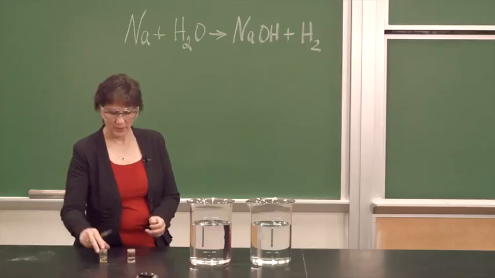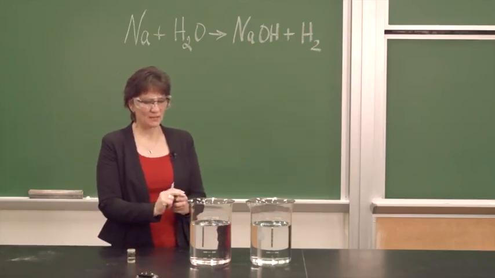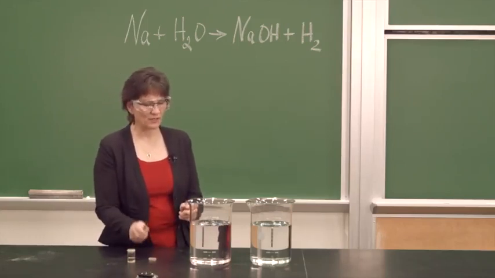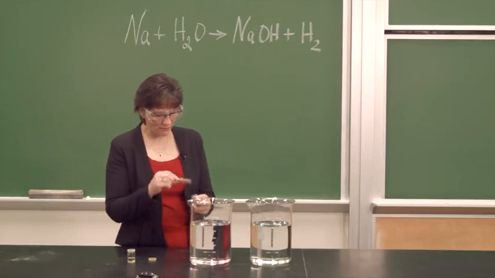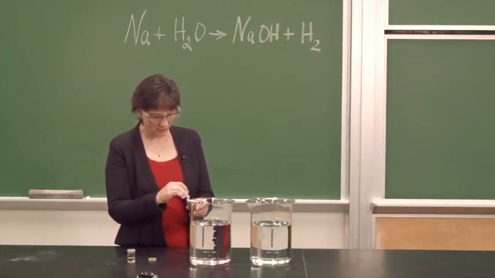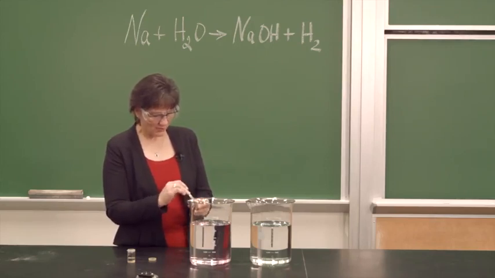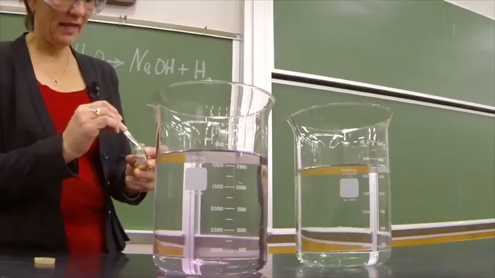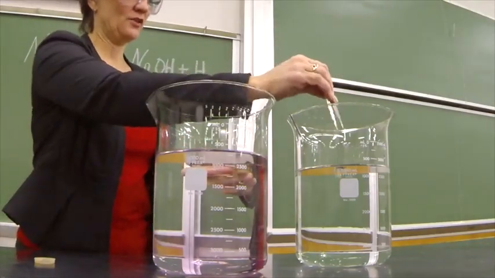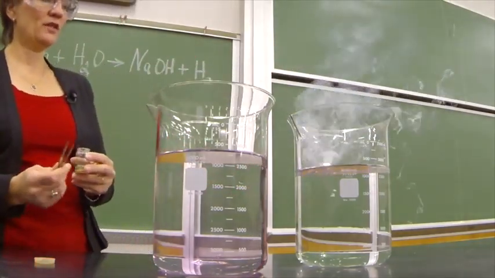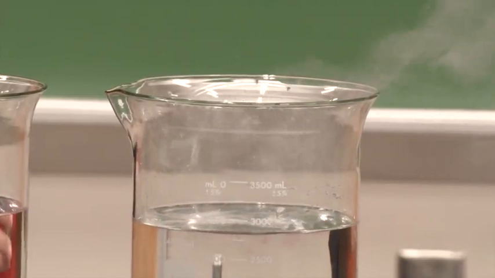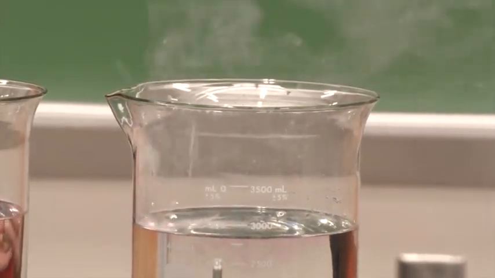Now let's do potassium. Potassium is further down on the periodic table. Its valence electrons are farther away from the nucleus, and it is easier to take an electron. It takes less energy to remove an electron. Therefore, it's more reactive, and we're going to see that play out in this reaction. Notice that the hydrogen gas that's being produced is catching on fire.